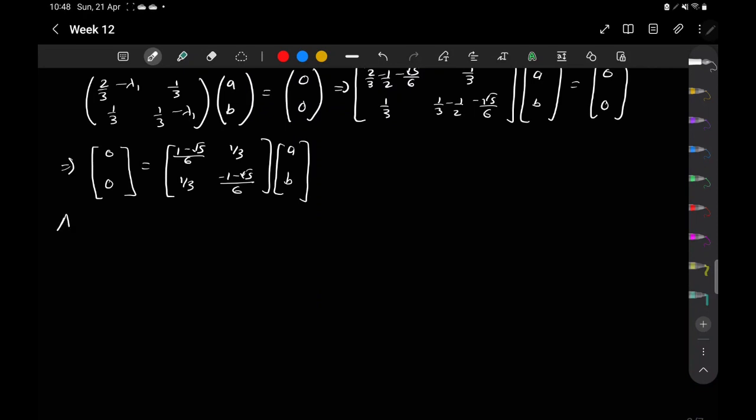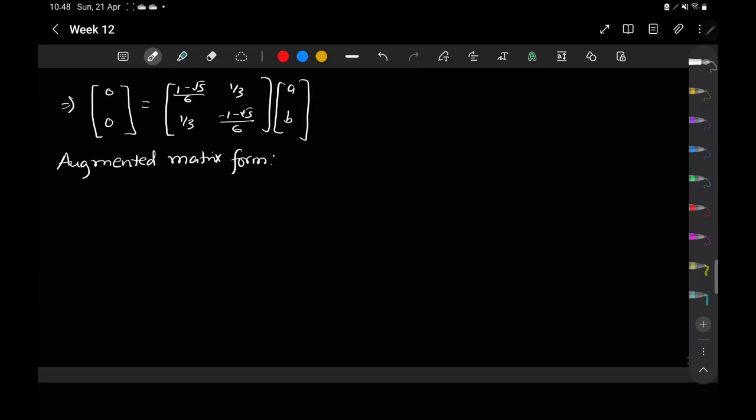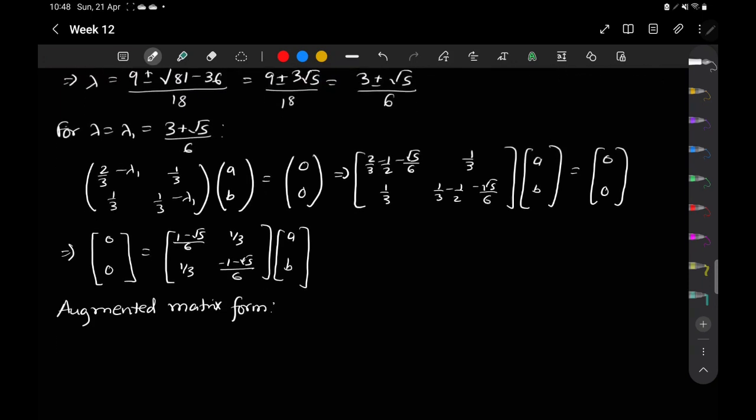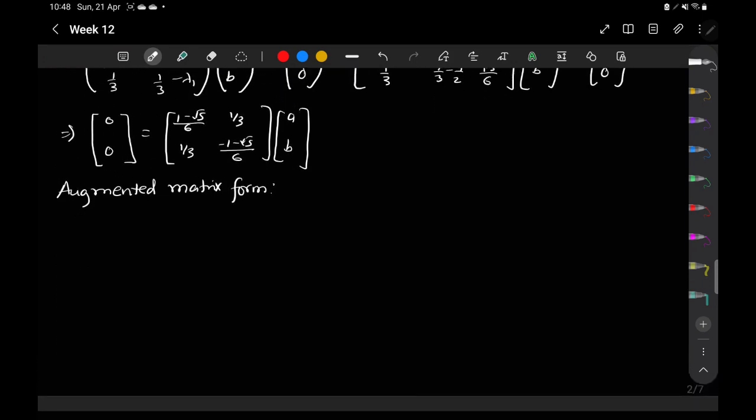Now let me write it in augmented matrix form. And let me perform certain row operations.